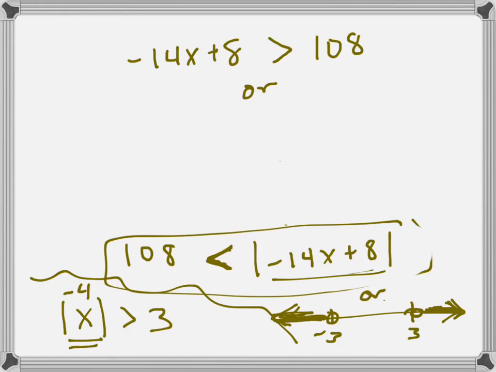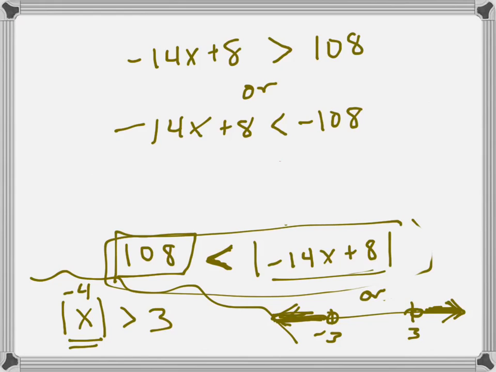Or negative 14x plus 8, now I'm going to flip the sign and make that negative, is less than negative 108. There's my two inequalities. Thank you, negative 108.